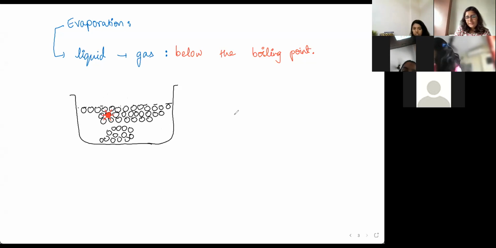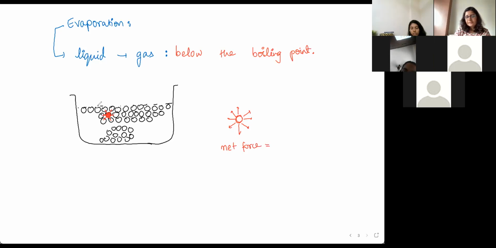So what will be the net force on the particle that is in the interior? Net force क्या होगा? That's somewhere in the inside of this water container.